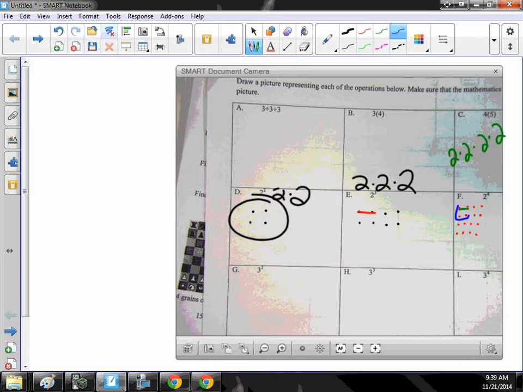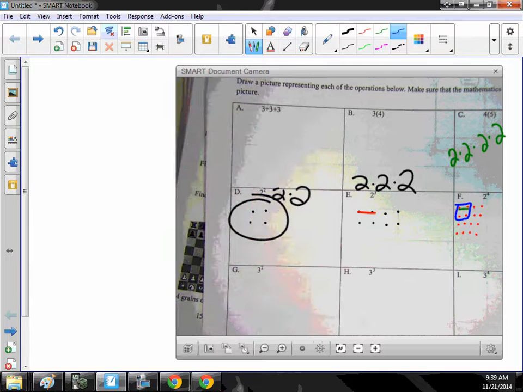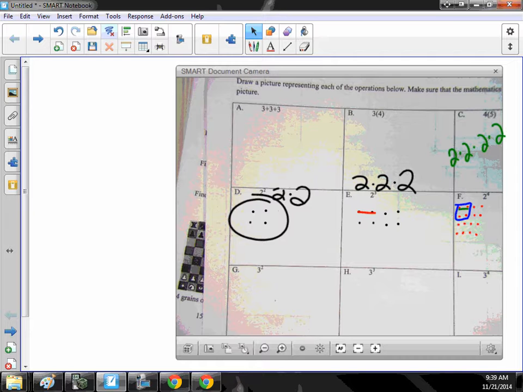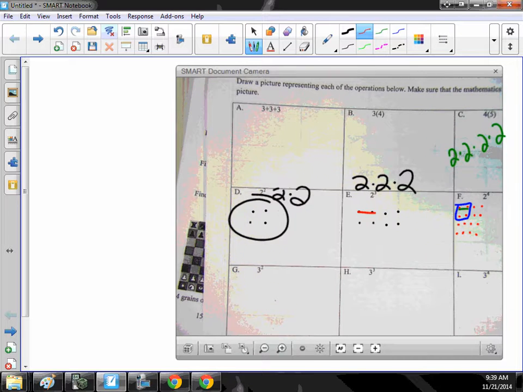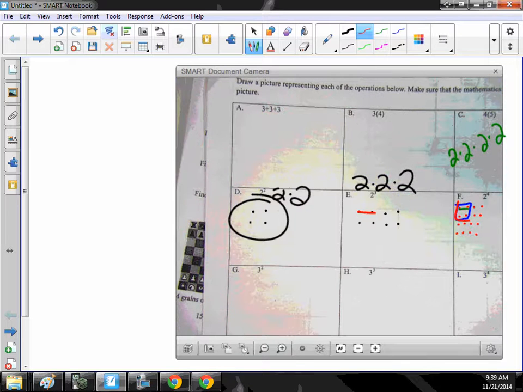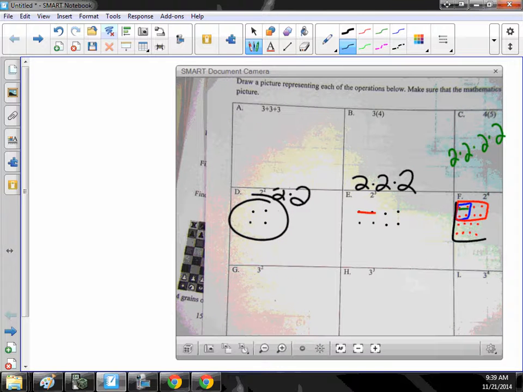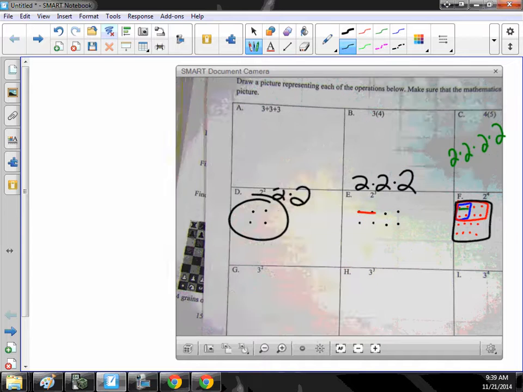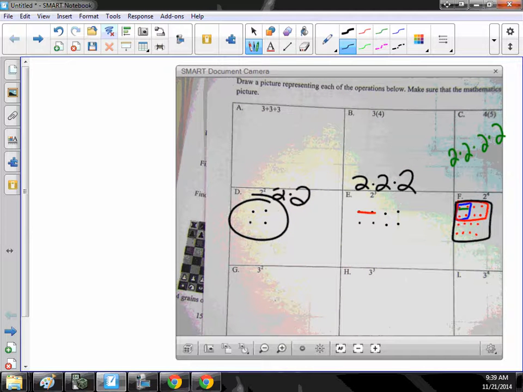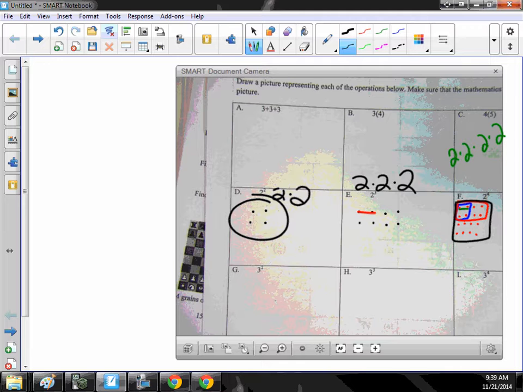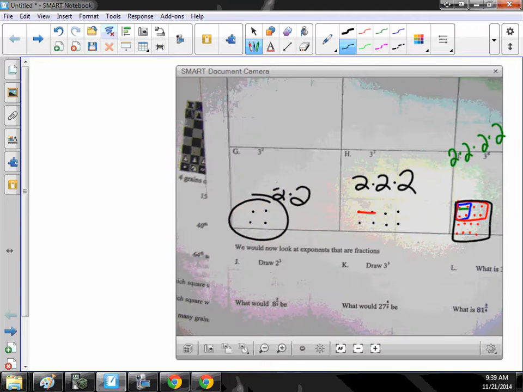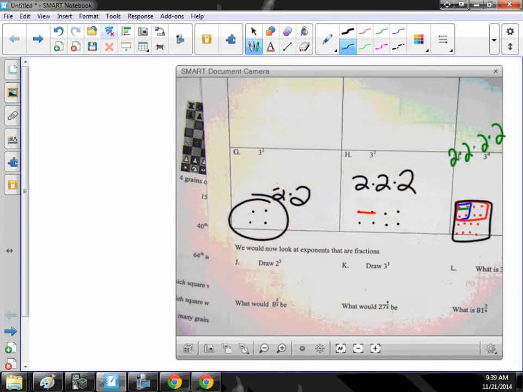Here is my second 2. Maybe. Here is my third 2. And here is my fourth 2. So I have 2 times 2 times 2 times 2. Everybody get that?